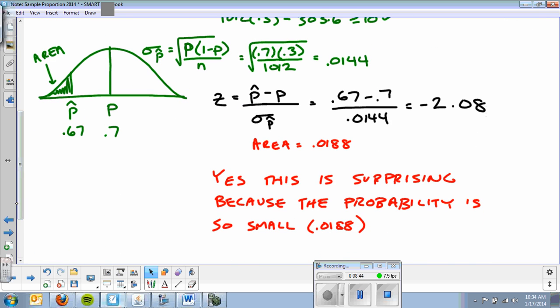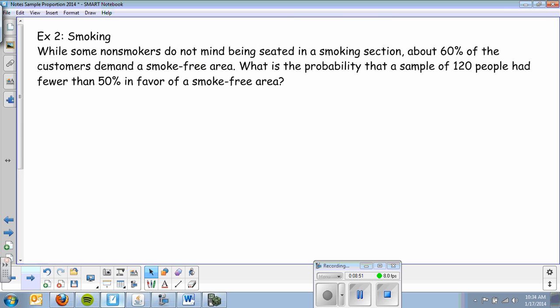Okay? So again, if you need to pause that to catch up, or go back and watch it again, that's fine. Now we'll do another example on smoking. While some non-smokers do not mind being seated in a smoking section, about 60% of customers demand a smoke-free area. What is the probability that a sample of about 120 people had fewer than 50% in favor of a smoke-free area?